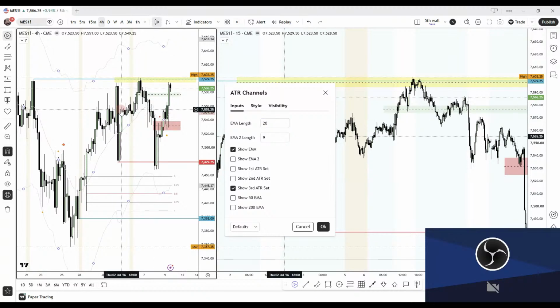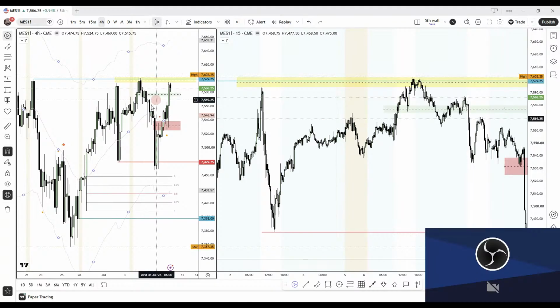Doesn't really do much of a difference. Anyway, so that's the 30 EMA, and we can see price here. This is technically like overbought territory. Apologies. And then down here is like oversold, and you can just see that just based off of premium and discount.